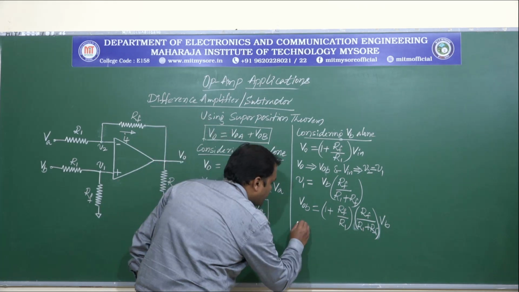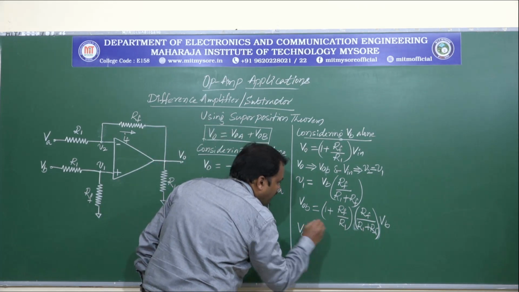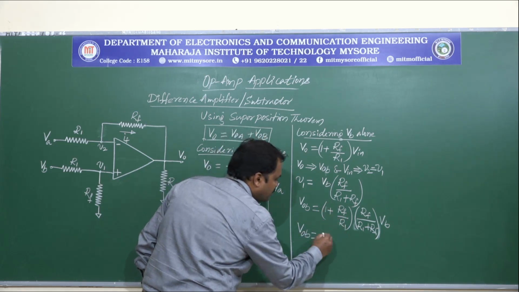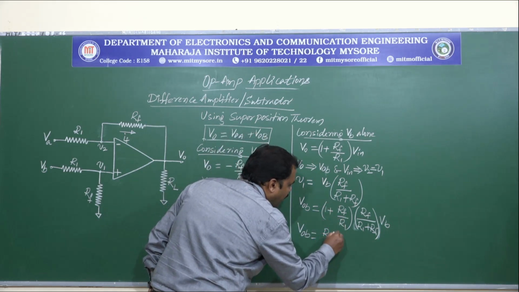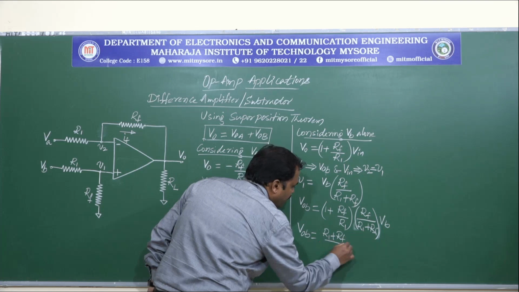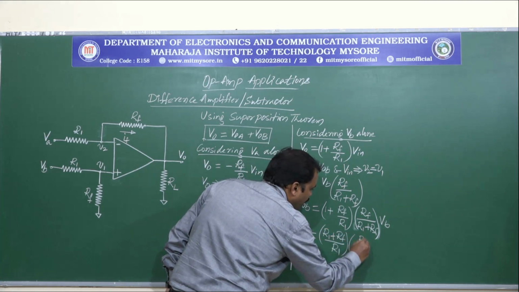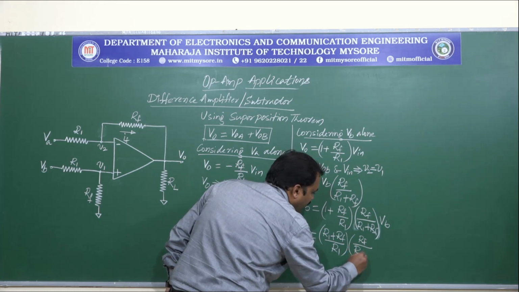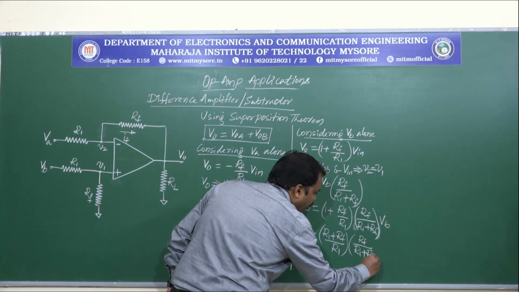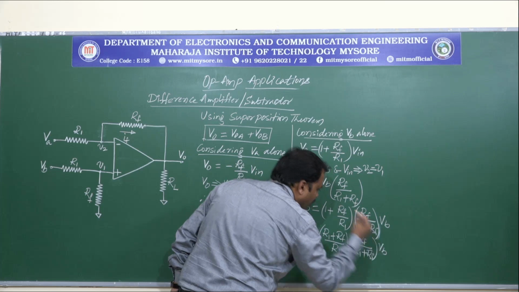So this can also be written as V0B is equal to R1 plus RF divided by R1 into RF by R1 plus RF into VB.